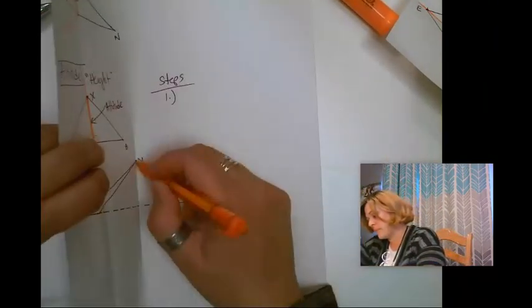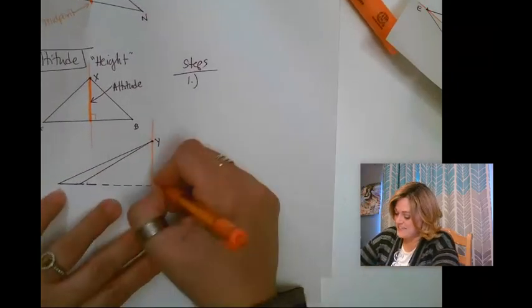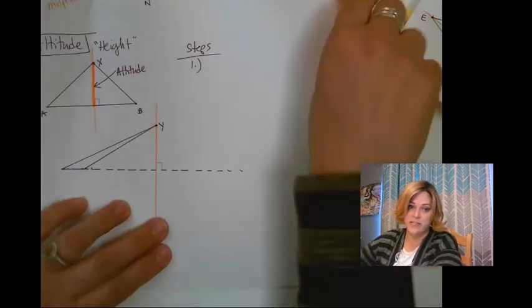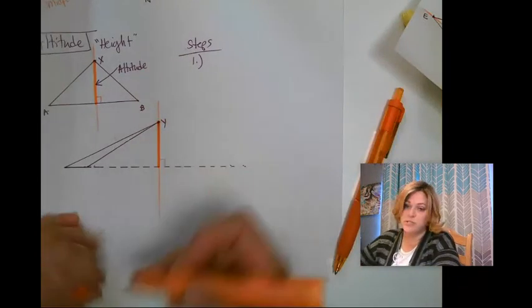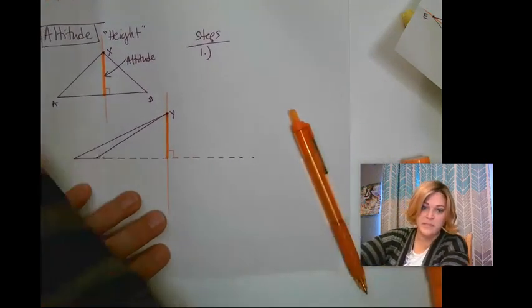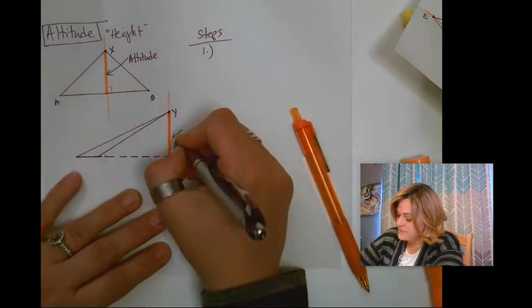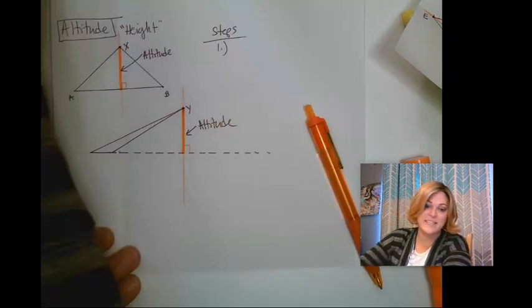And I have a nice perpendicular or 90-degree angle. So from the vertex perpendicular to the side or the line opposite, containing that opposite side. So I'm going to say altitude. I hope this helped with your basic constructions.